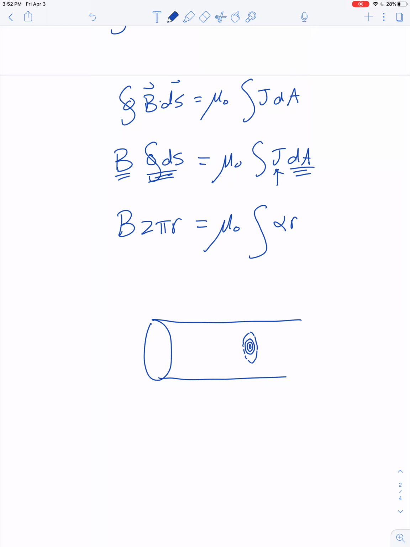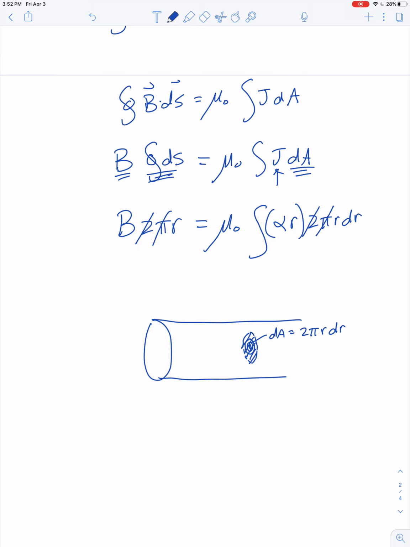So each of these rings represents a fraction of the total surface area of my Amperian loop. And each one of those rings has an area of 2 pi r dr. So we substitute alpha r for J and 2 pi r dr for dA.